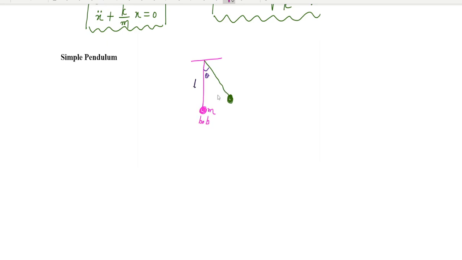So this is our displacement from its equilibrium position. I'm going to write it like this. This is O, this is the point A.